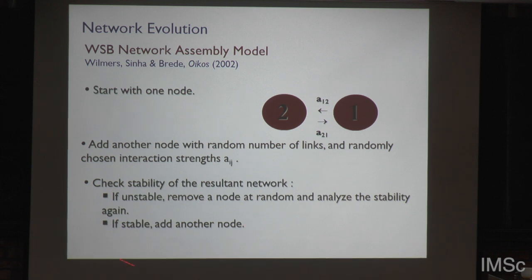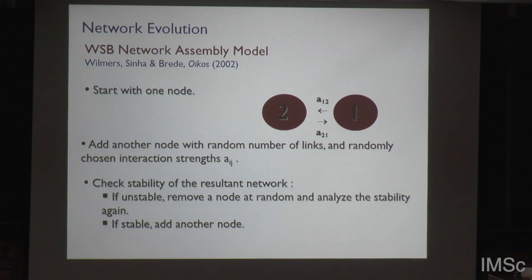Now the additional step you have over here is the fact that at every step you are trying to check whether adding this node resulted in making the overall system unstable or not. If it is unstable, you say that an extinction event will happen and this will result in one of the nodes becoming extinct.